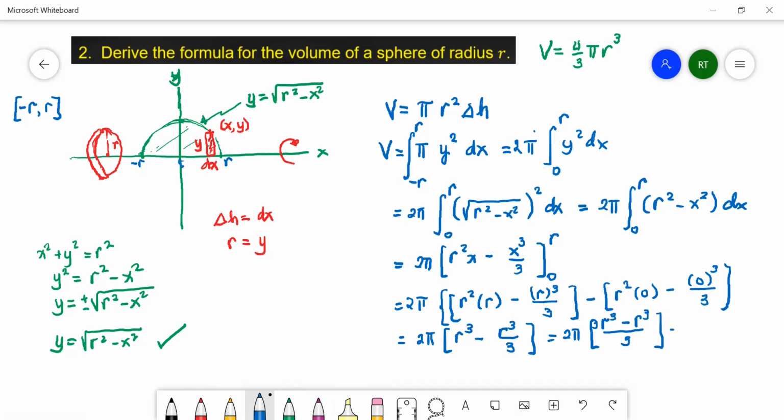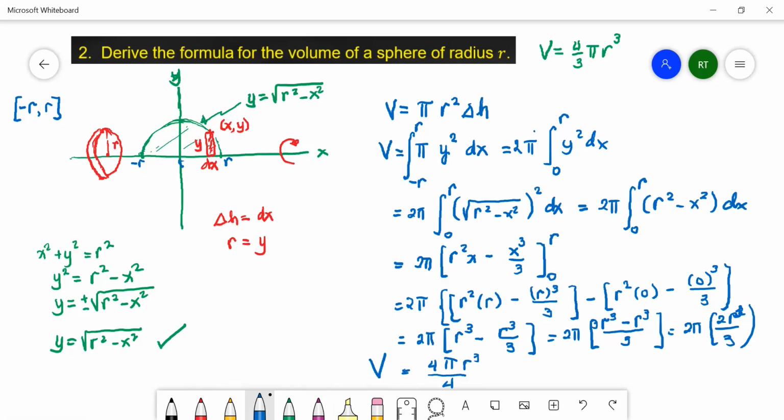Simplifying further gives us 2 pi times 2r cubed over 3. So this is r cubed, and 2 times 2 is 4. So we will have 4 pi r raised to the third power over 4.